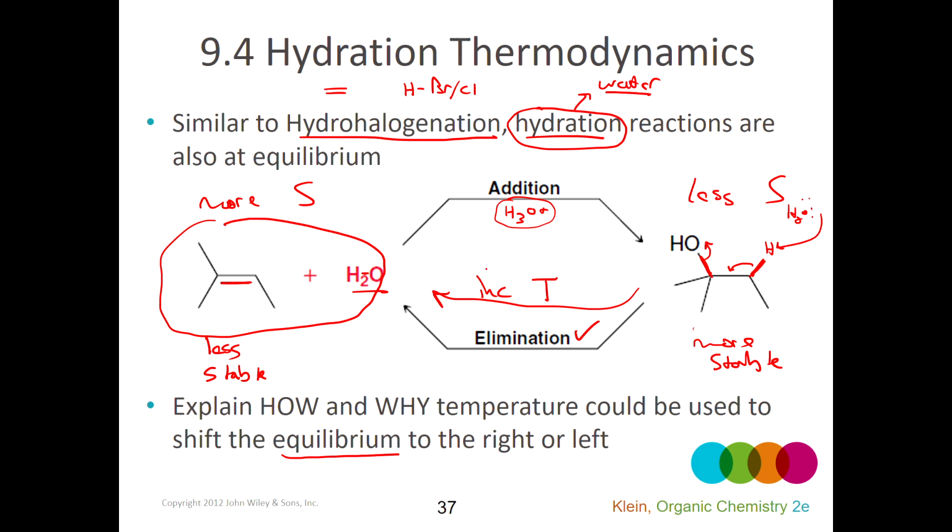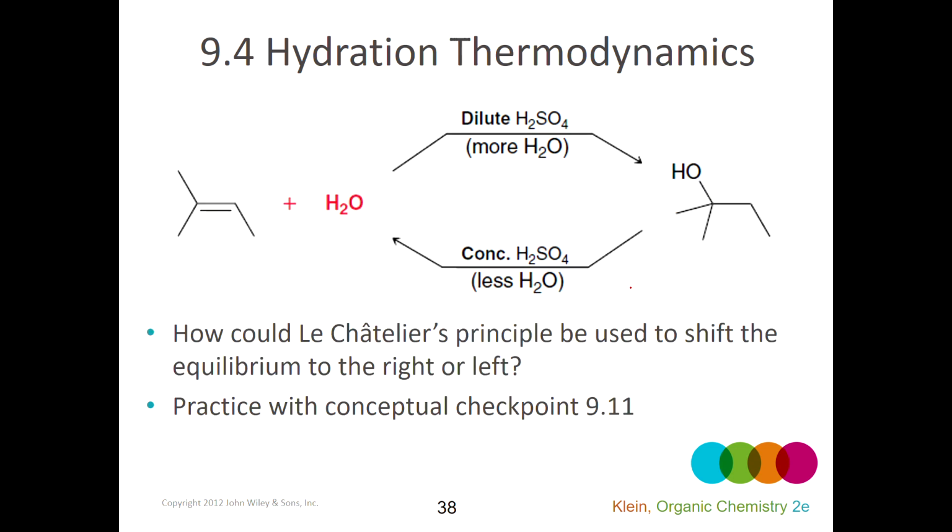And so if I decrease the temperature to make the entropy term as small as possible, then the enthalpy term, which is going to be negative, is going to favor the product because that'll make delta G more negative, favoring the products. So again, I can use temperature to control which side the equilibrium favors in the same way we discussed earlier today. I can also use Le Chatelier's principle.